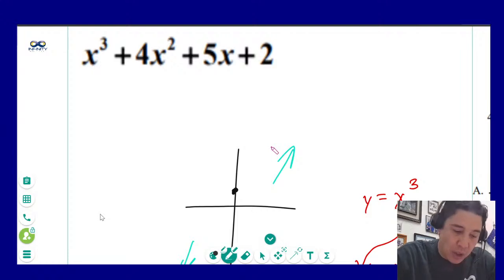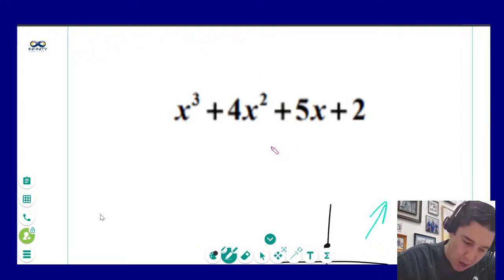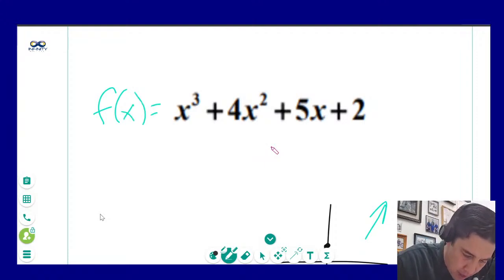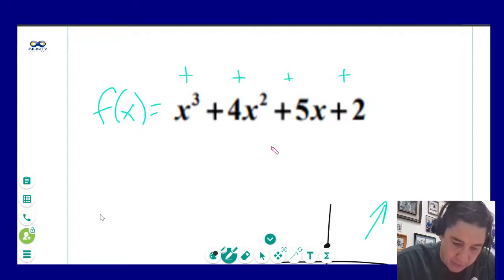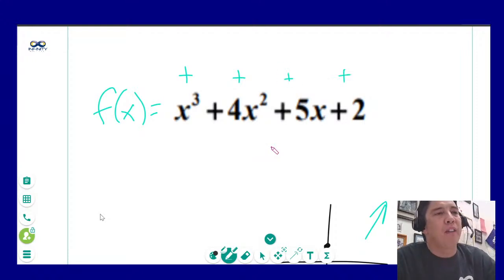All right, so Descartes' rule of signs. If this is f of x, I just got to know what my polarities are. So the polarities of f of x are positive, positive, positive, positive. The number of sign changes in f of x is equal to the maximum number of positive roots.